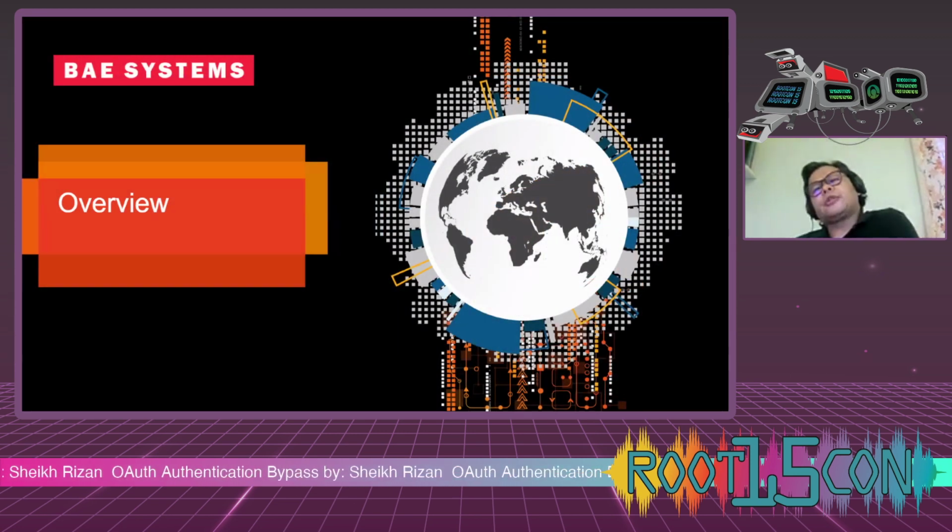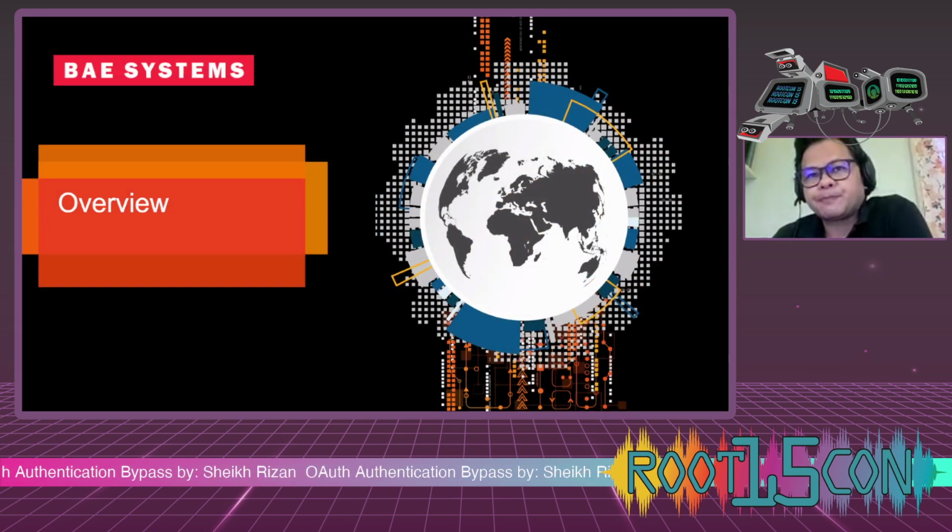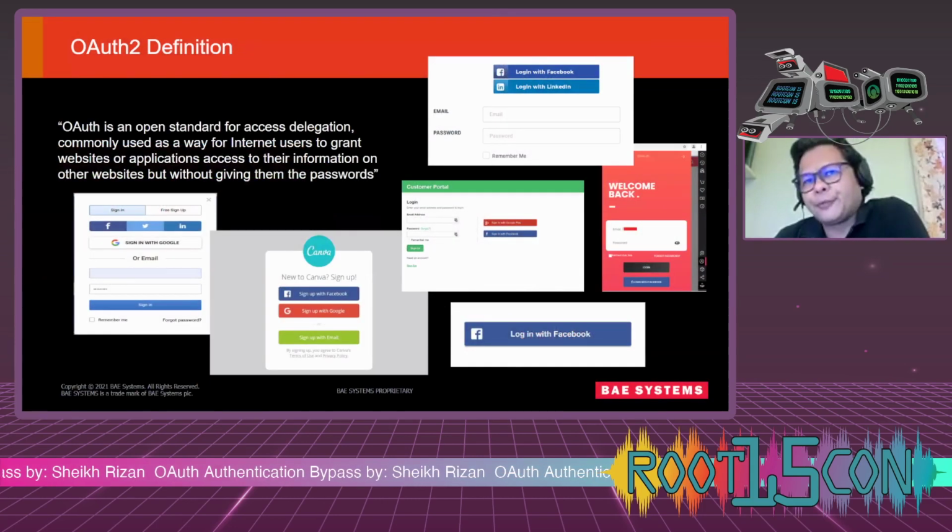Firstly, let's go through the overview. What is OAuth? You might have seen this. I'm very sure if you use the internet, if you use the web, you will see signs like login with Google, login with Facebook, login with Twitter.